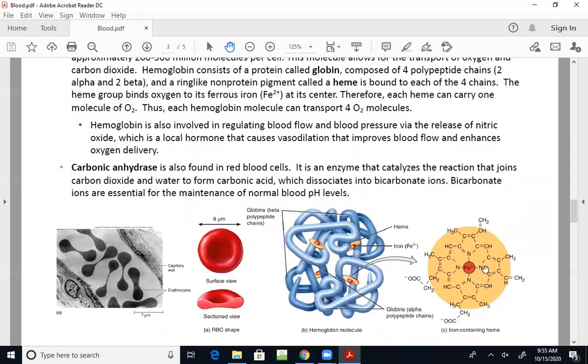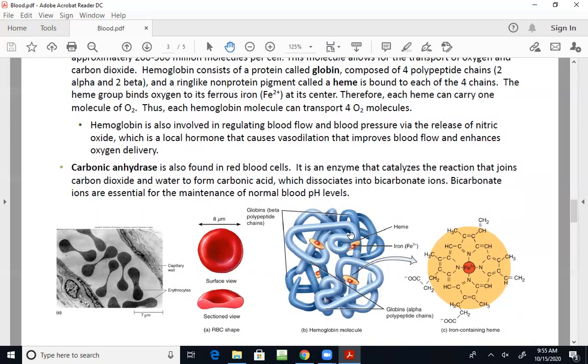The heme contains at the very center of it what we call a ferrous iron, Fe2+, which is where one molecule of oxygen will bind, meaning that one binds here, 2, 3, and then a fourth. So each hemoglobin molecule, as it states here, can transport 4 oxygen molecules.